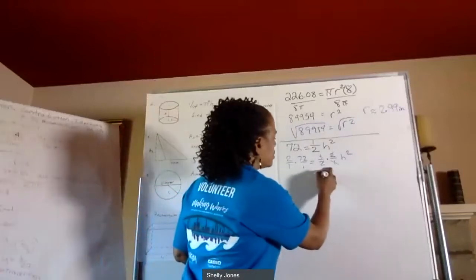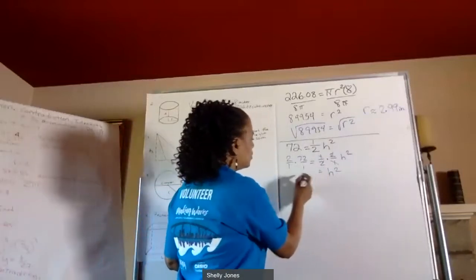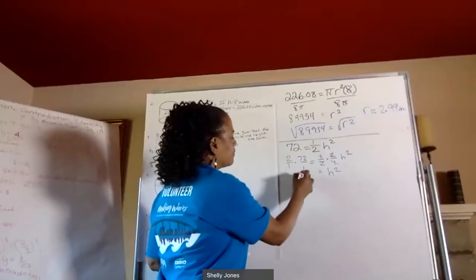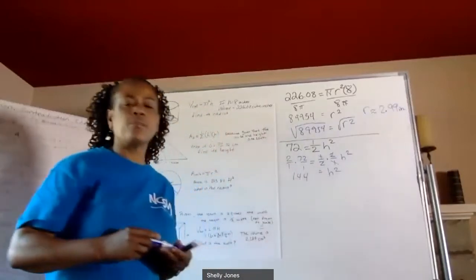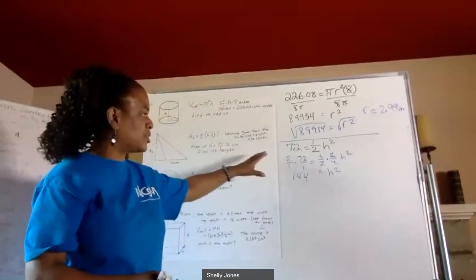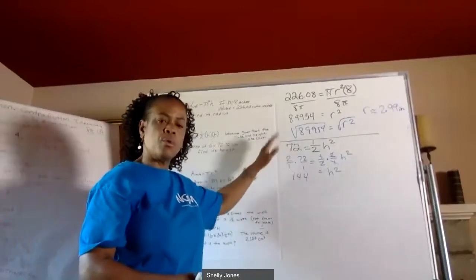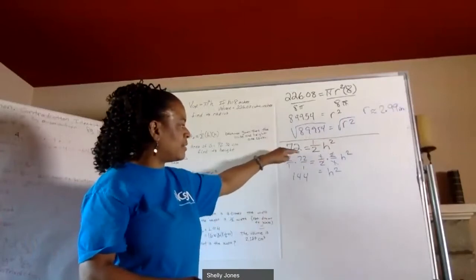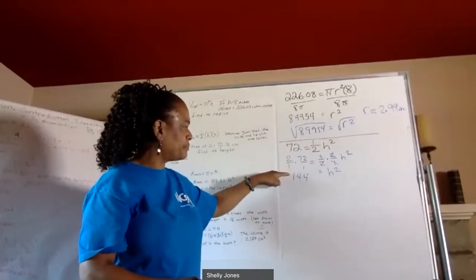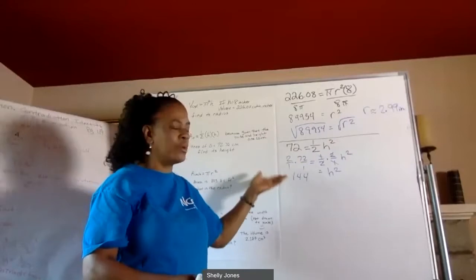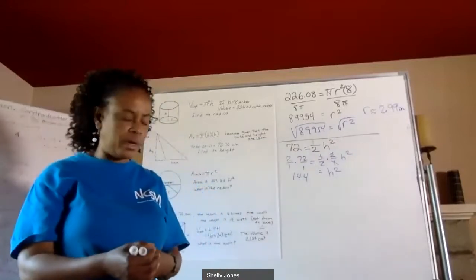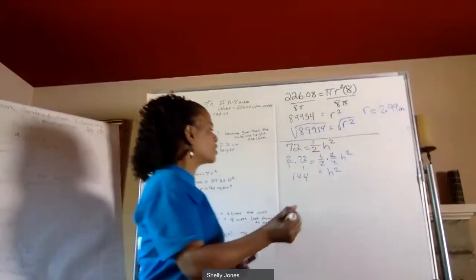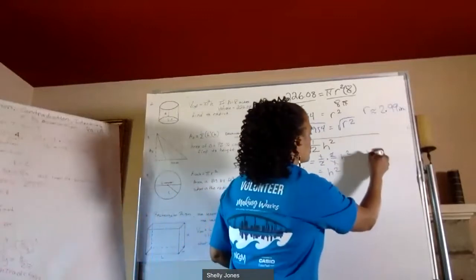So I end up with just h squared equals 144. I don't need the 144/1 anymore. I did that just to show that I'm multiplying 2/1 on both sides, the left side and the right side. So 2 times 72 is 144, and 1 times 1 is 1. 144/1 is just 144.